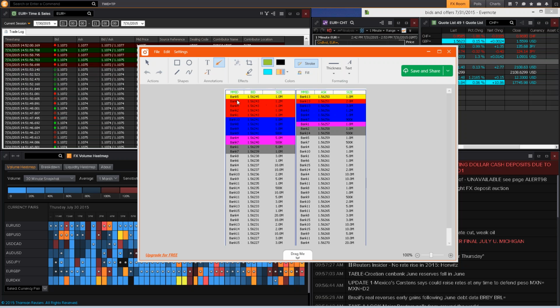So instead of bank number 5 coming up with a new offer, bank number 13 said they're going to lower or raise their price to match bank number 5's offer. There will be times that you're going to see a bank that joins bids and offers at the same time.